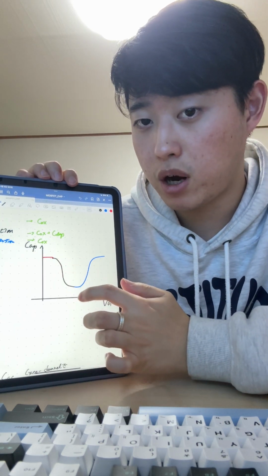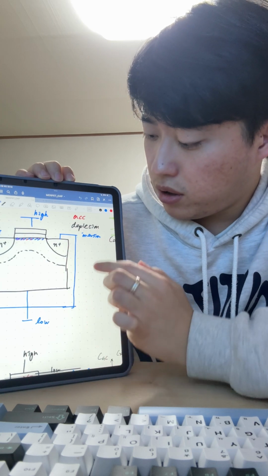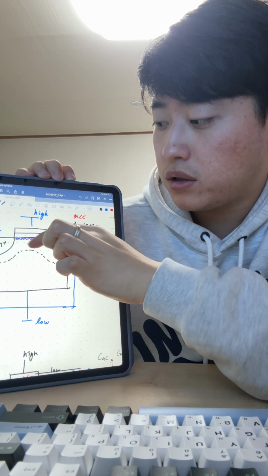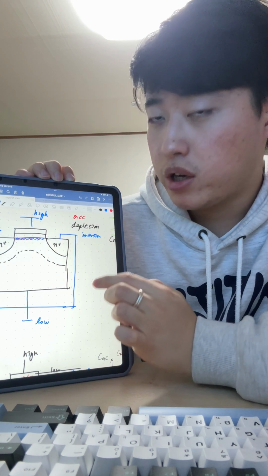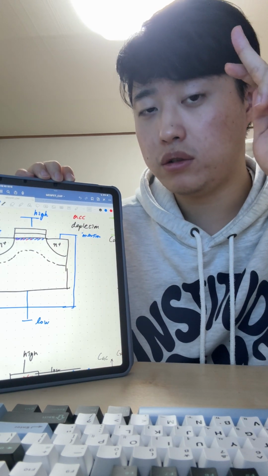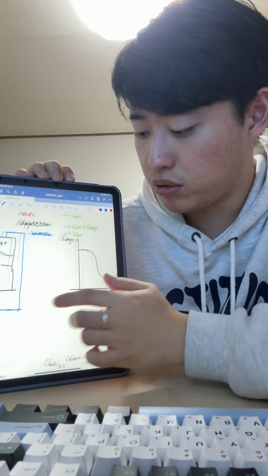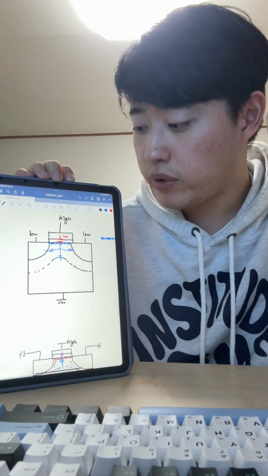Okay, because of harmonic average. If inversion, they have some channel, so we can ignore the depletion capacitance, so it goes higher.